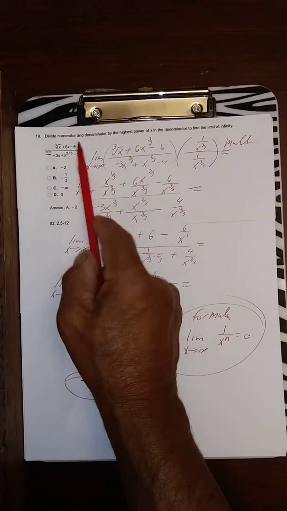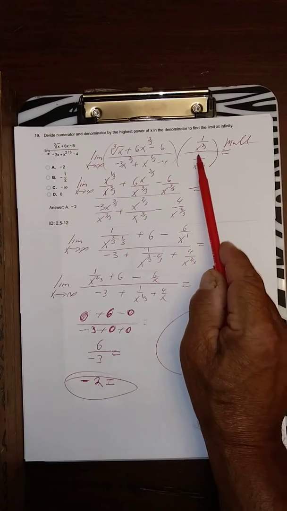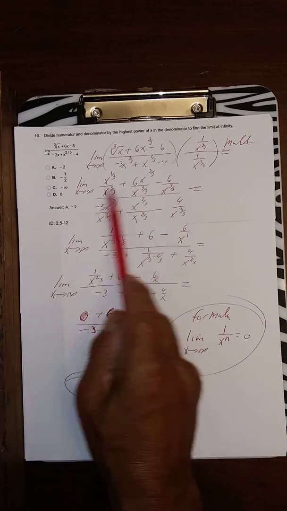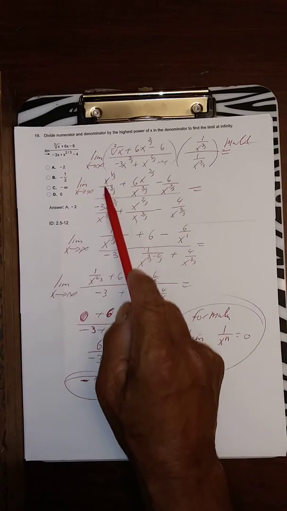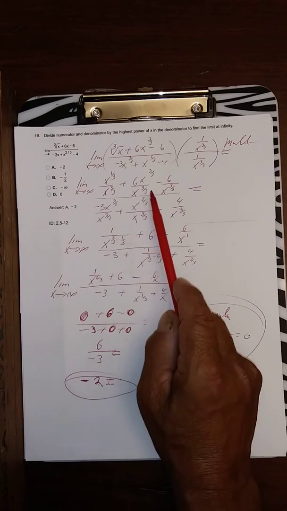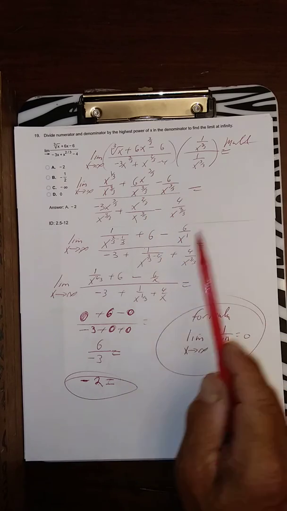So now this is a complicated looking guy here. We'll multiply by 1 over x cubed, 1 over x cubed. Multiply straight across. So we have this. So now we're going to simplify this right here a little bit.